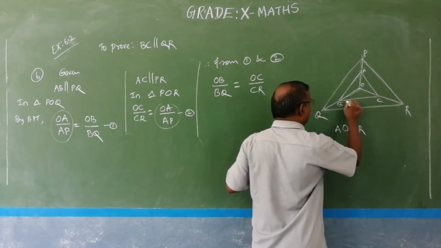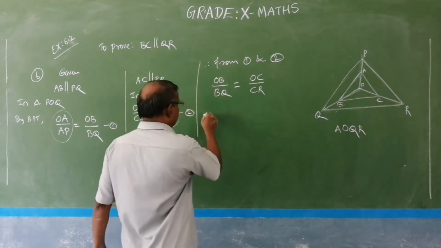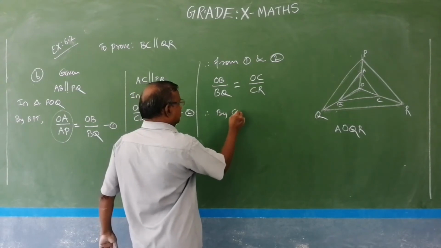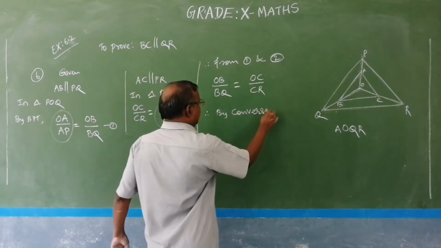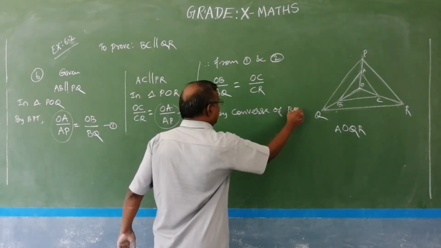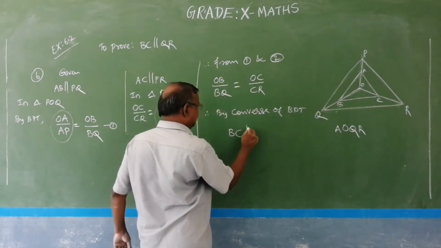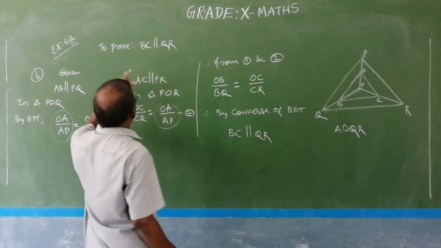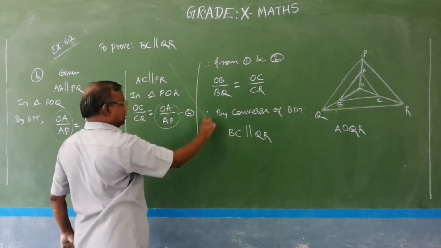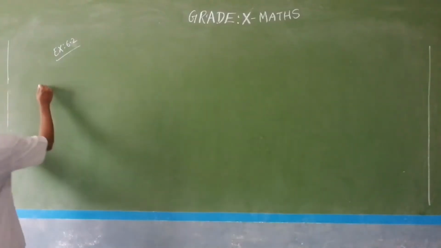Therefore, by converse of BPT, we have BC parallel to QR. So I think this is what we have to prove. Hence proved. Question number 7.